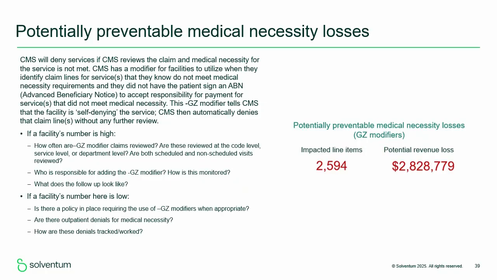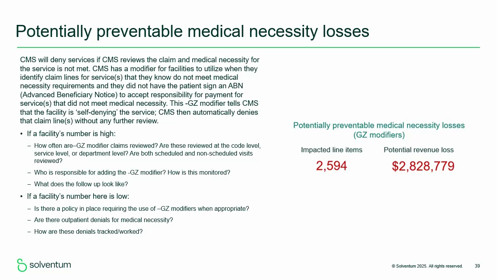The last thing we report on the outpatient scorecard is potentially preventable medical necessity losses. CMS denies service if they review a claim and medical necessity for the service is not met.